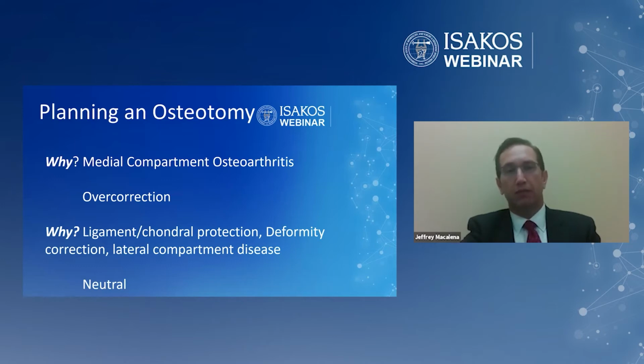I think in the setting of ligament or chondral protection, cartilage reconstruction, deformity correction, or in the setting of lateral compartment disease, completing your osteotomy to neutral is probably satisfactory.